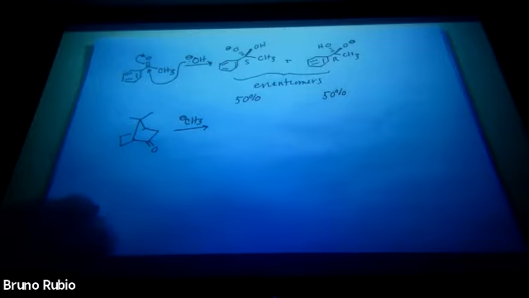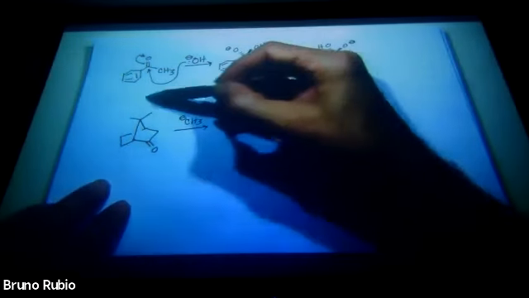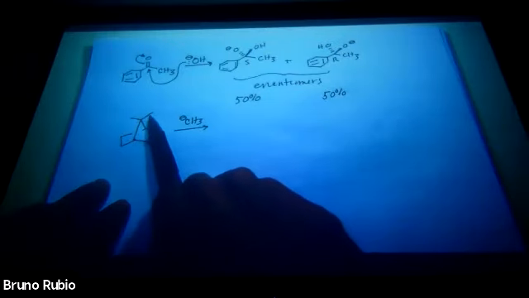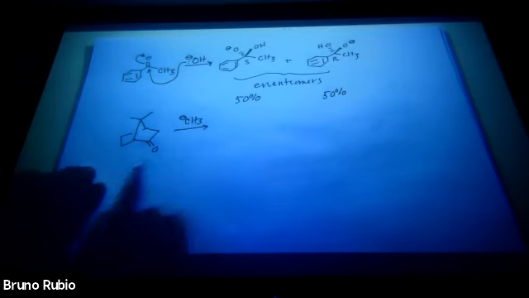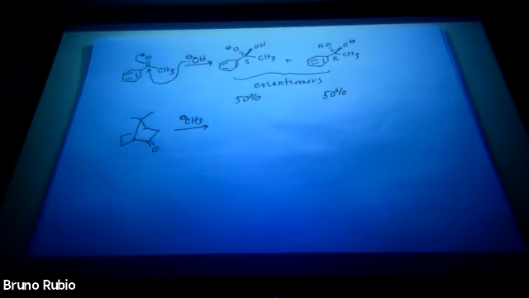But here we see that for this nucleophile to come in from the top, oh, it has to get by this methyl group that's in the way. Attack of this nucleophile from the top is much harder than attack of the nucleophile from the bottom. So attack from the top and from the bottom both happen, but it's just overwhelmingly easier for this nucleophile to come in from the bottom.